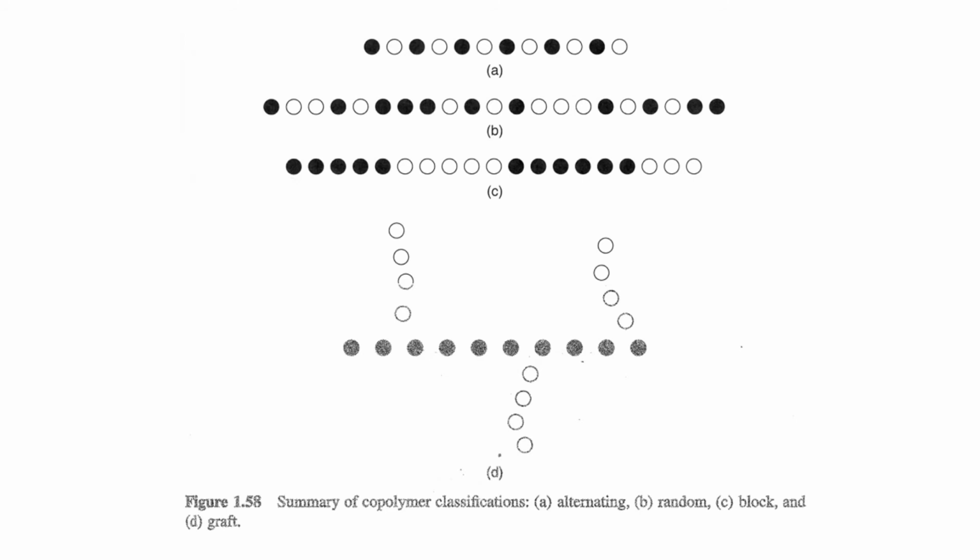And copolymers can be classified in 4 different ways. Have a look at the images there. Start with A. This is an alternating copolymer. So we'll assume that you have 2 monomers minimum in your copolymer.